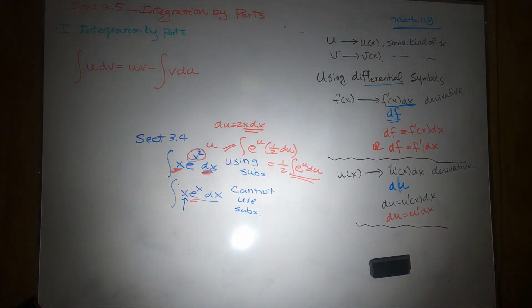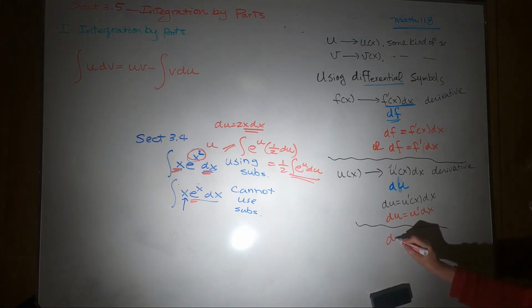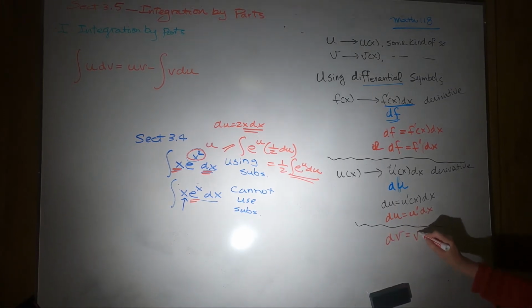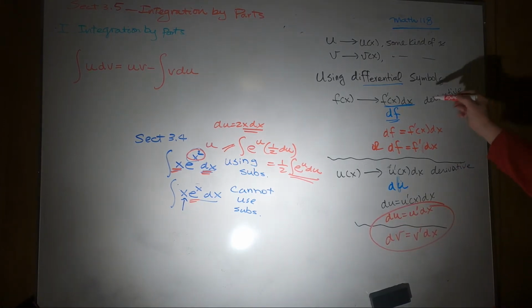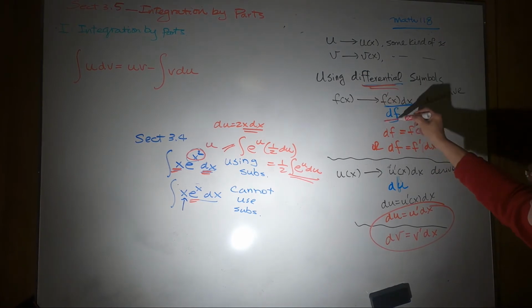So that's the symbol we are going to use. Then if I use dv, that means v prime dx. Okay? So that's the symbol we are going to use, the differential symbol like this.